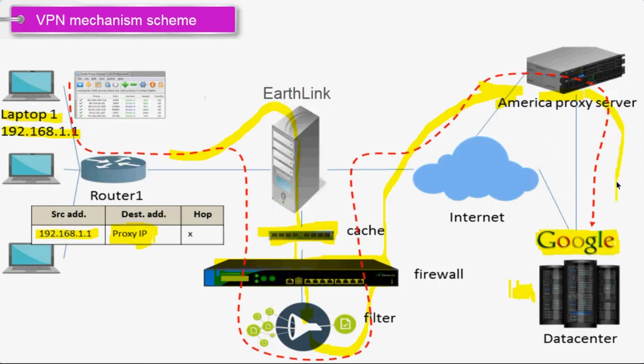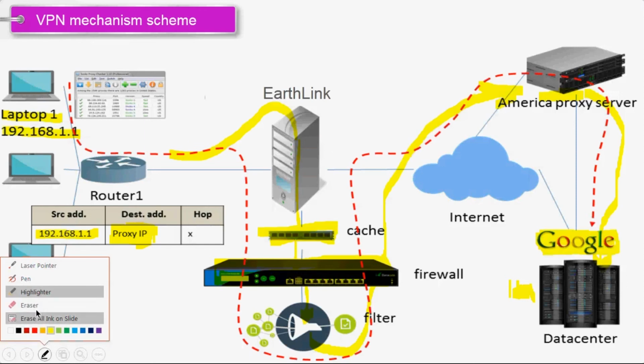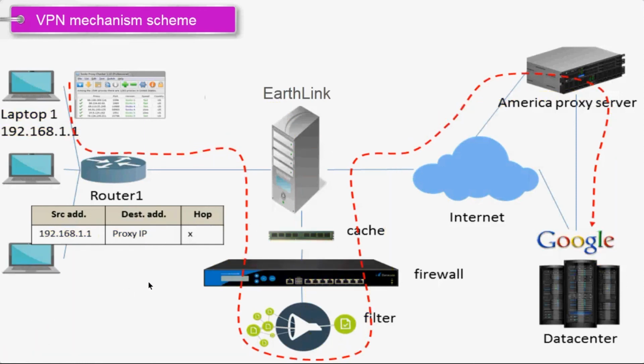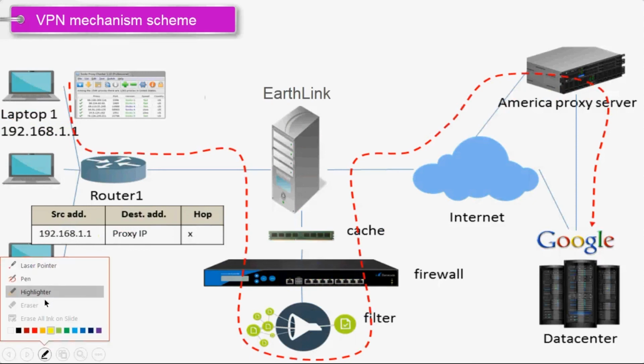So from this path, it will go to Google. This is the main idea of VPN. And there is too much talk around this issue, but this is a simple way to explain. I hope it's clear.